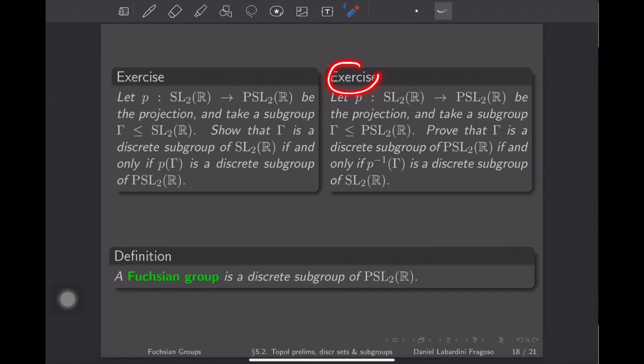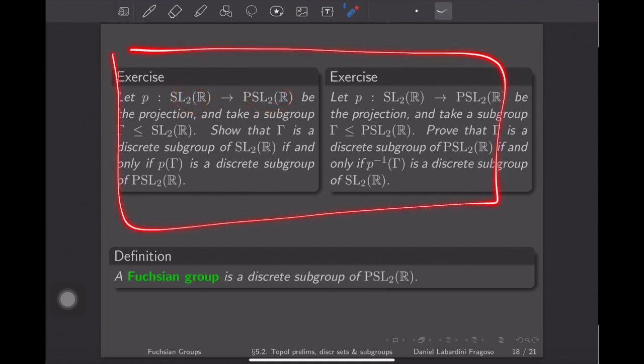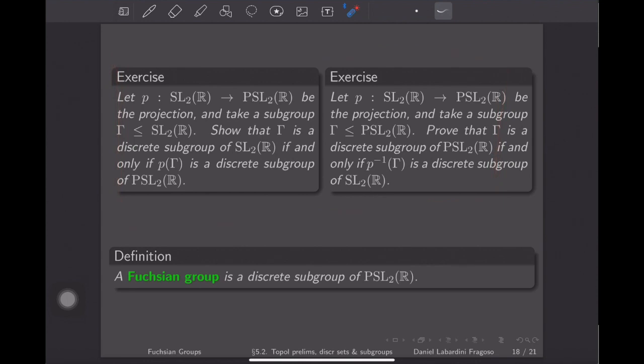And then the next exercise is the converse. If you now take a subgroup of PSL2R, it is equivalent for it to be discrete and for its pre-image to be discrete in SL2R. So somehow the projection is well behaved with respect to discreteness here and discreteness here. So that's what these exercises ask for.